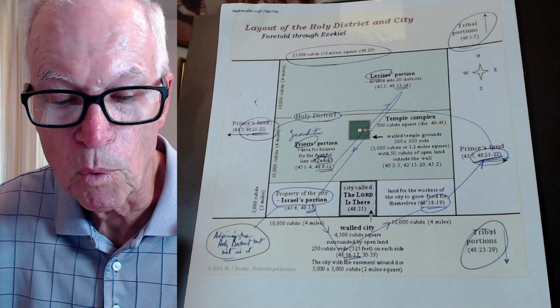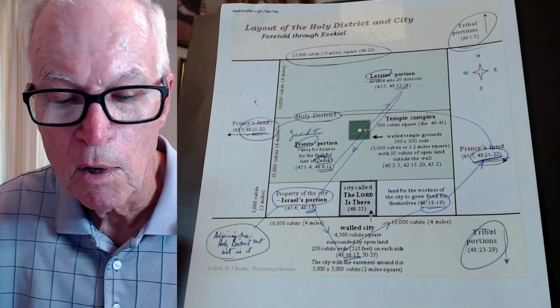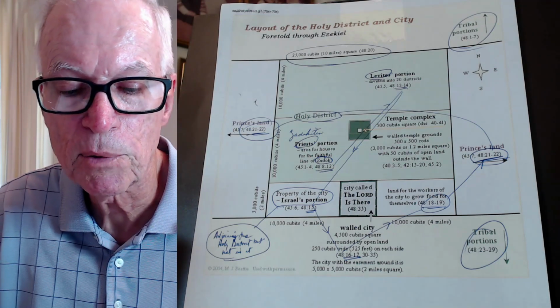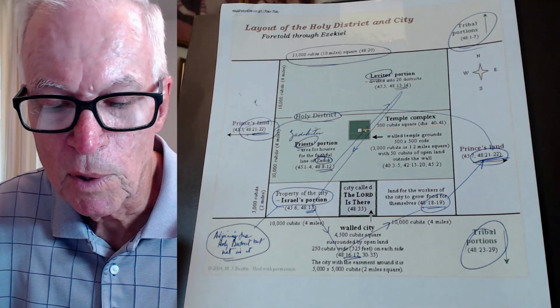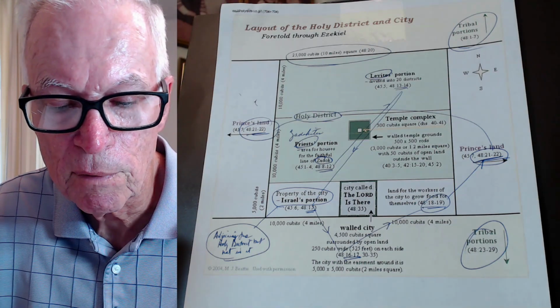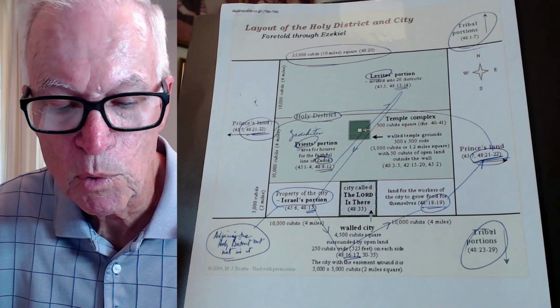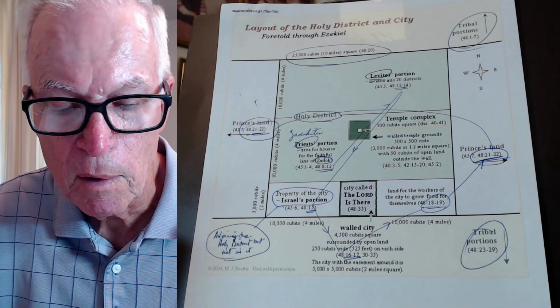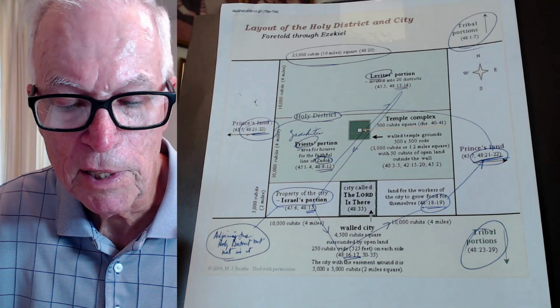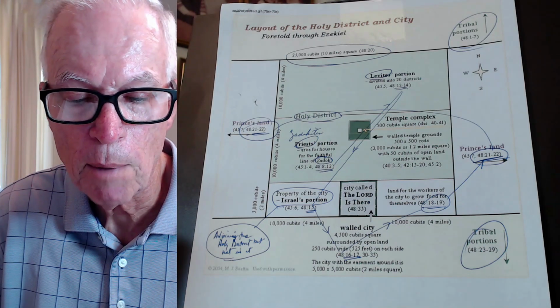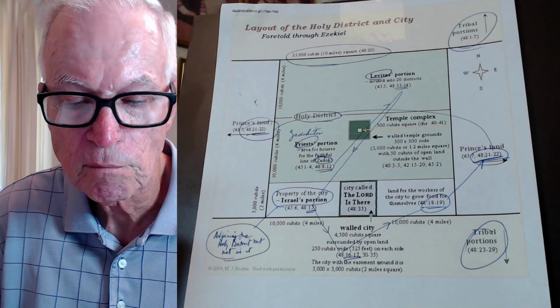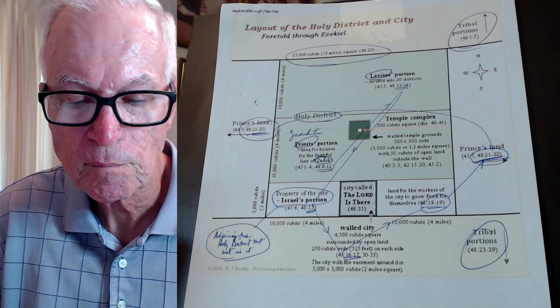The workers from the city who farm it will come from all the tribes of Israel. So it sounds like a big co-op, doesn't it? So verse 20 says the entire portion will be square, 25,000 on each side. As a special gift, you will set aside the sacred portion along with the property for the city as a special gift.